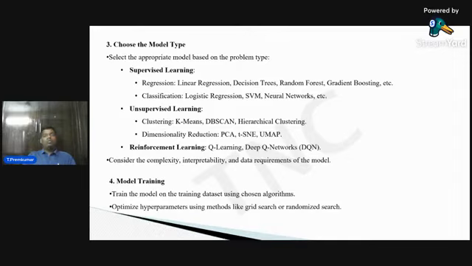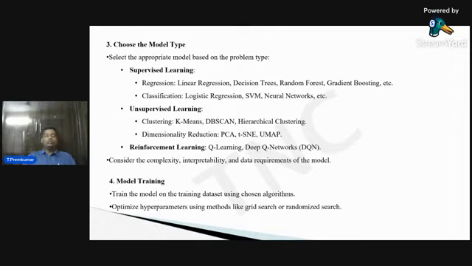When we are going with unsupervised learning, we have something called clustering, which means k-means, DBSCAN, and the hierarchical clustering concept is involved. And the next one is reinforcement learning by using Q-learning and Deep Q-learning, which consider the complexity, interpretability, and the data requirements of the models.